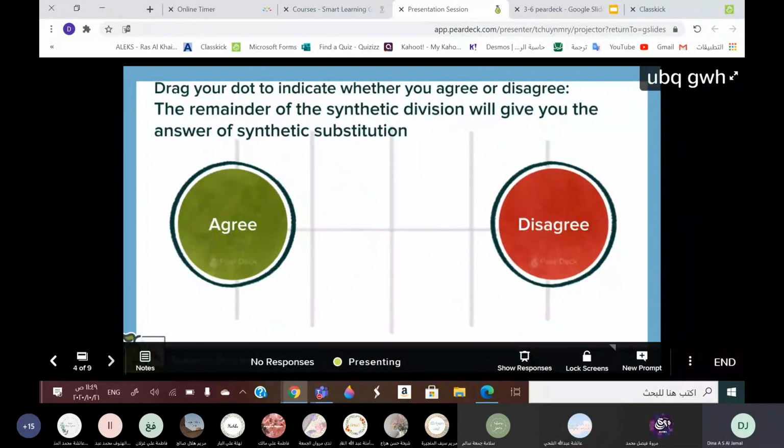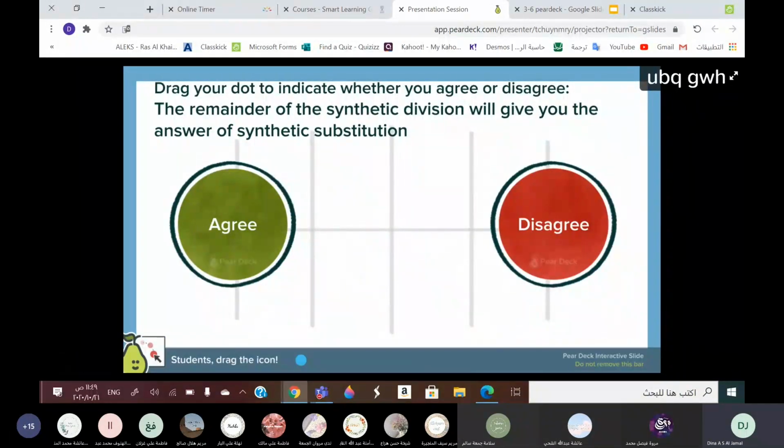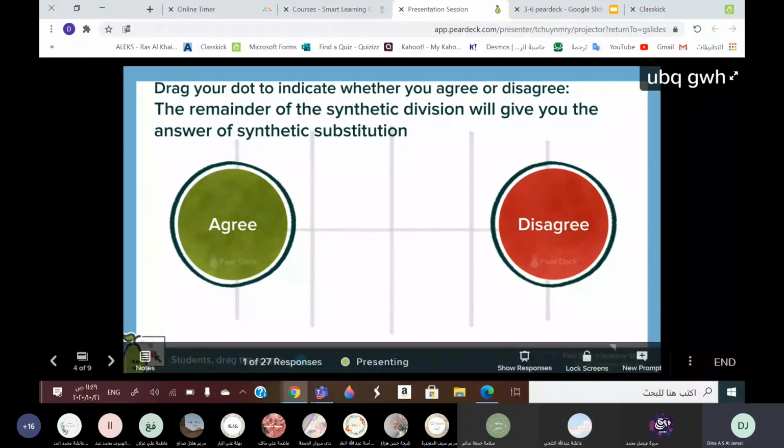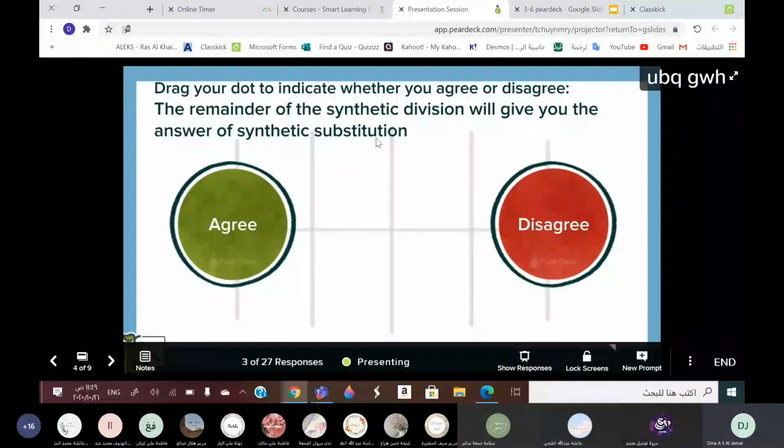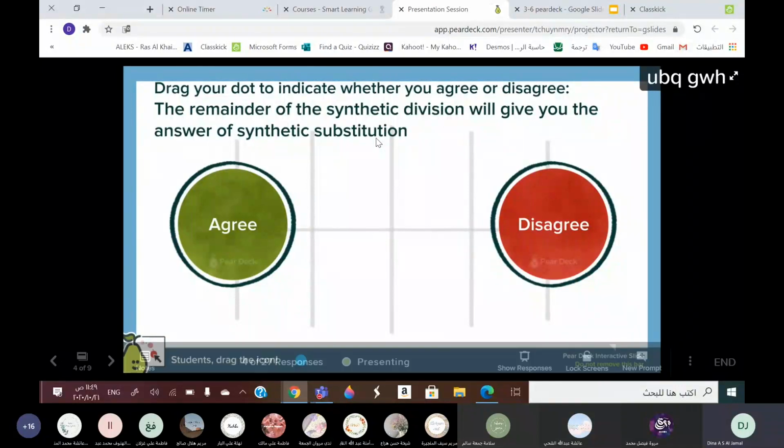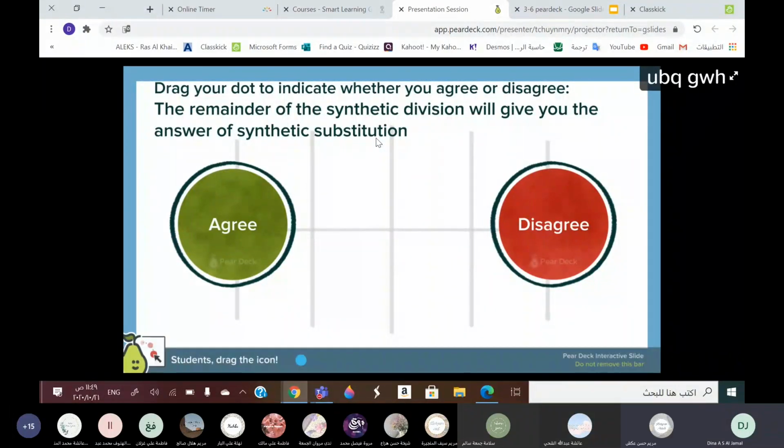Now you will drag your dot to indicate whether you agree or disagree. Now I want Maryam Akash. Is your microphone working? If it is working, please read this sentence. Drag your dot to indicate whether you agree or disagree.